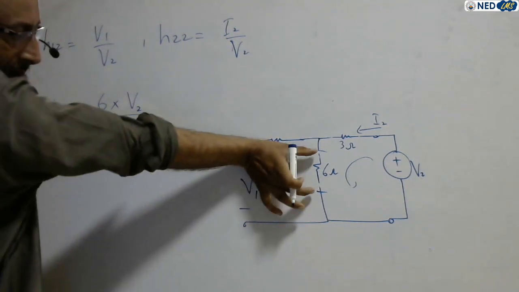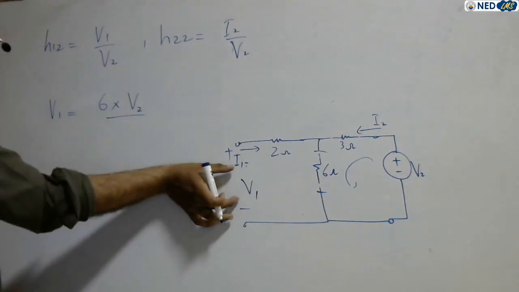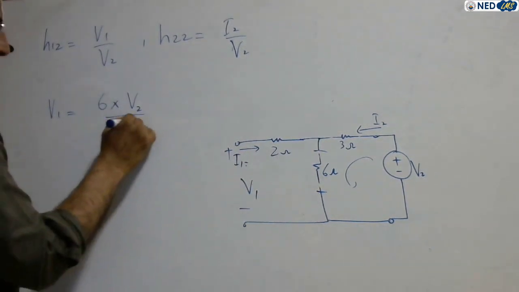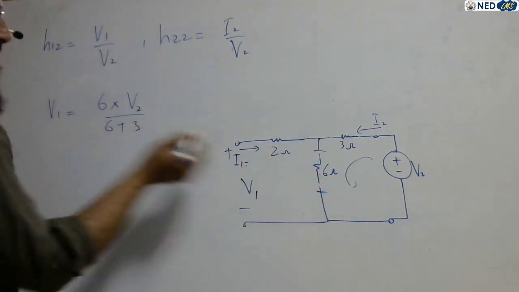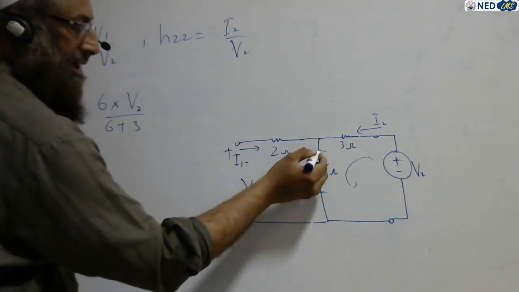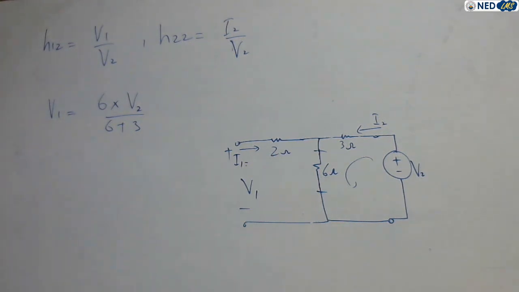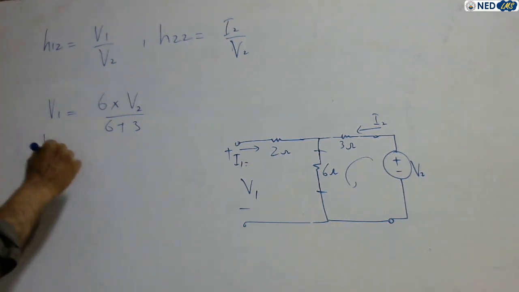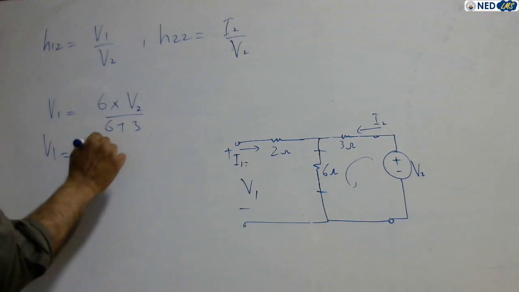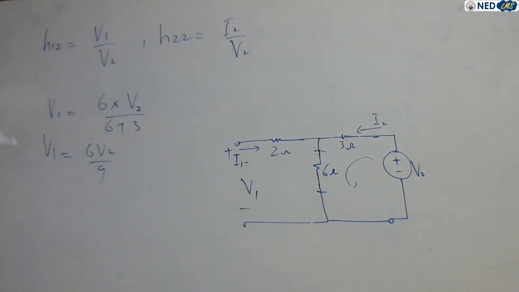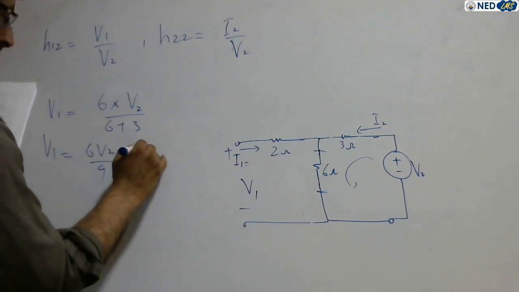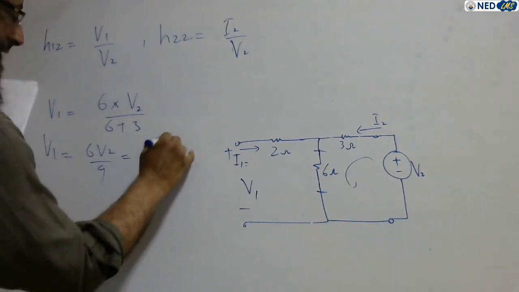The voltage appearing across the 6 ohm is V1 actually. So 6 plus 3, voltage division rule. In voltage division rule we take the same resistance, while in current division we take the opposite resistance. So V1 becomes 6 V2 over 9, or 2 over 3 V2.